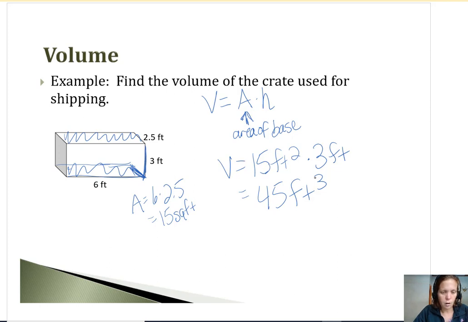Now, if you're thinking, oh, we've seen this formula for volume before, and we've in the past done LWH, that works for this. If I do the length of 6 feet times the width of 2.5 feet times the height of 3 feet, multiply those three together, again, we get 45 feet cubed.